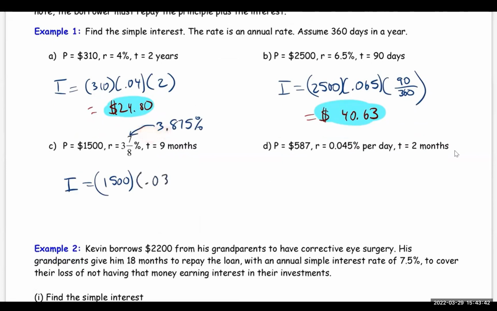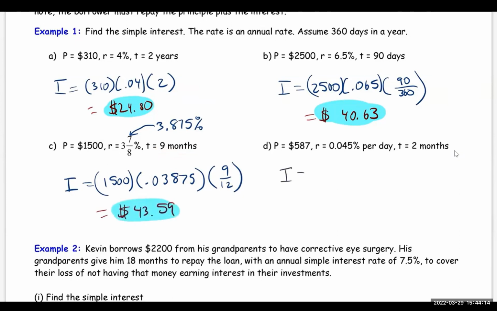So it's going to be 0.03875 times 9 months. That means you convert this to years by dividing by 12, because there's 12 months in a year. So 1,500 times 0.03875 times 9 divided by 12 is $43.59.